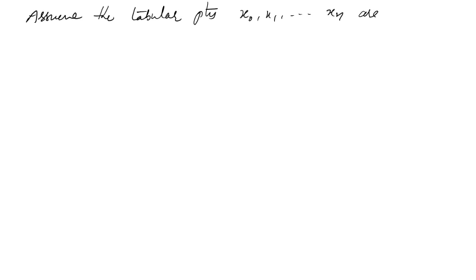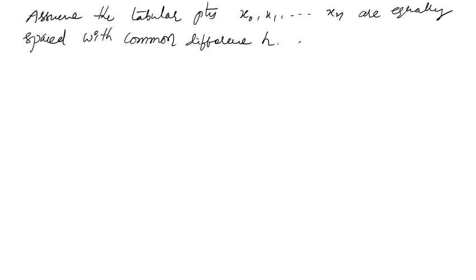This is equation 6. Now to simplify that error expression, assume the tabular points x0, x1 and so on up to xn are equally spaced with the common difference h. That means x1 minus x0 is h, x2 minus x1 is h.